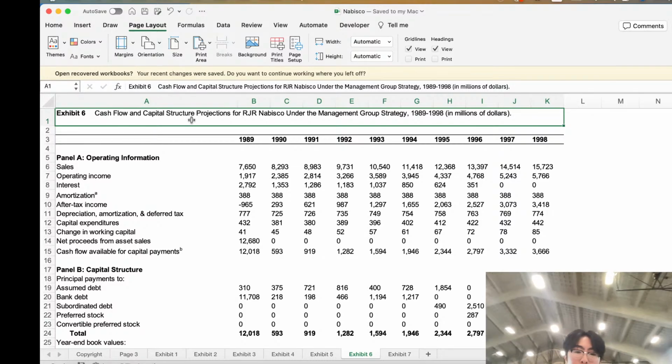Then we have a share price calculation. So we take our terminal value.